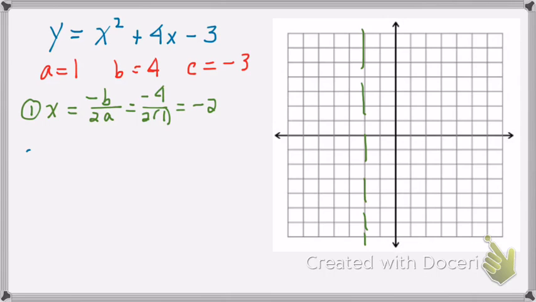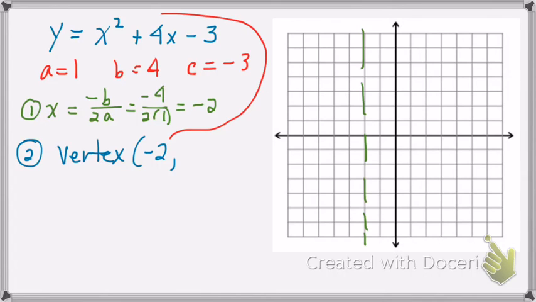Step 2, now that we know the x value of the axis of symmetry, we also know the x value of the vertex. It's got to be negative 2. And what we do if we know the x value of a point is we plug that into the function for x's, and we can find out the y value. I'm going to take negative 2 and plug it in and square it because it says x squared.